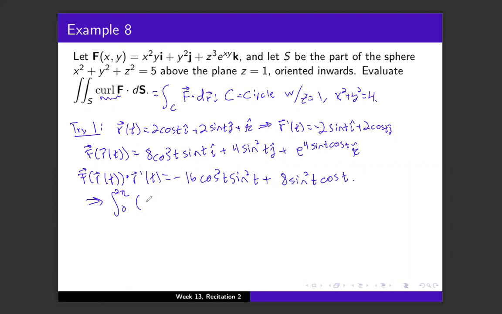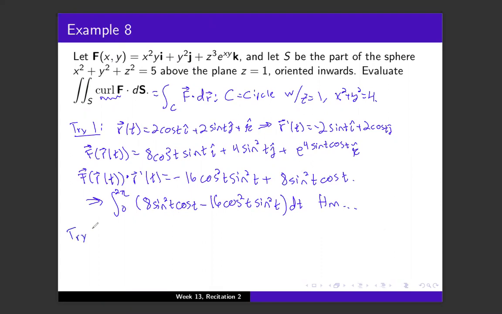And if you try calculating that, that's going to be 8 sine squared t cosine t minus 16 cosine squared t sine squared t dt. Not terrible, not great. So maybe that's not what we want to try to do.